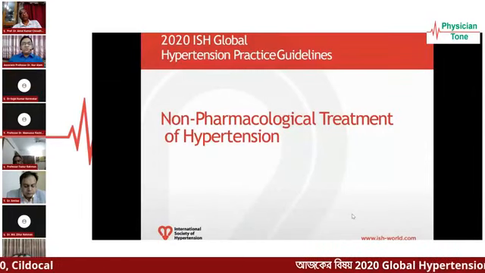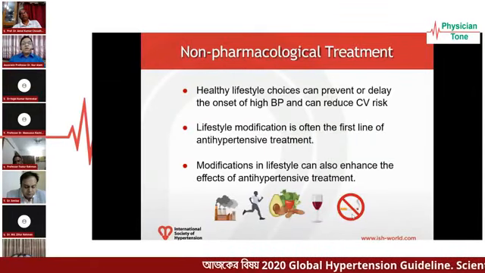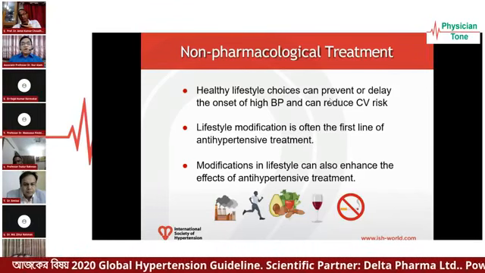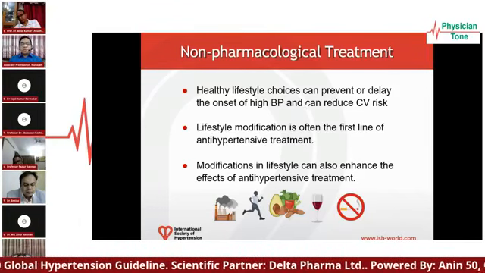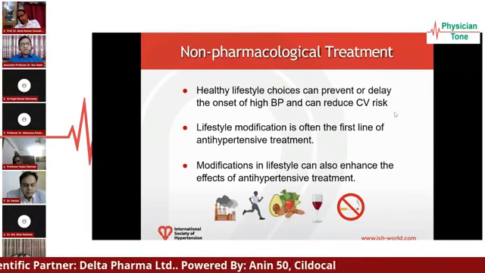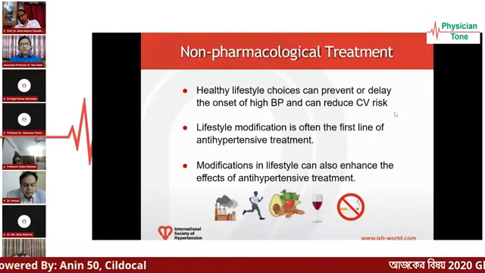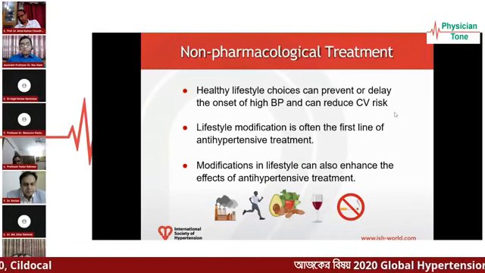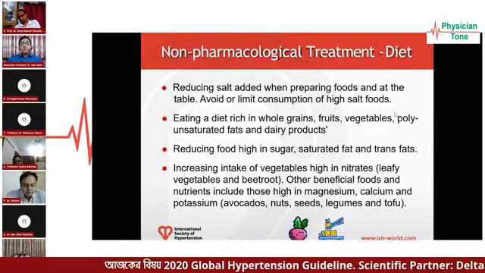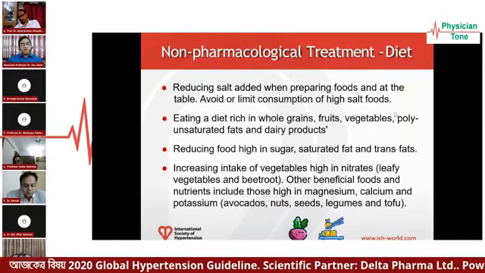First, non-pharmacological management. Healthy lifestyle choices can prevent or delay the onset of high blood pressure and can reduce cardiovascular risk. Lifestyle modification is often the first line of antihypertensive treatment. Modification in lifestyle can also enhance the effects of antihypertensive treatment. Reduce salt added when preparing foods and at the table.